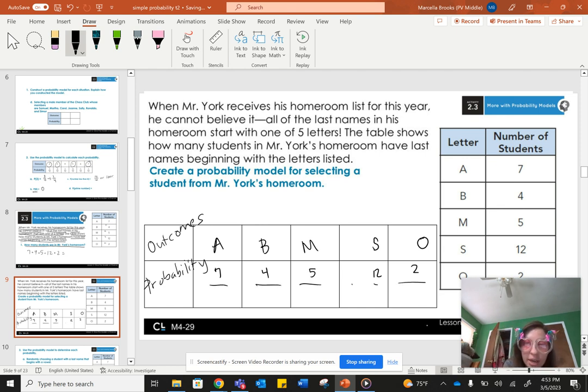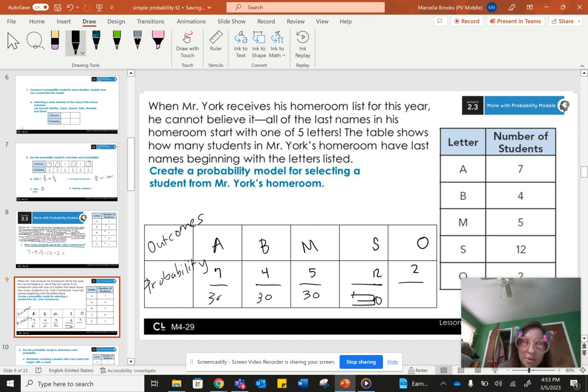So what did you guys get when you added up all those numbers? On one of them, I got 30. Did I get 30? Yeah, it's 30. I hope you got 30 because that's what I got. So these are all over 30. That's how many students there are total.